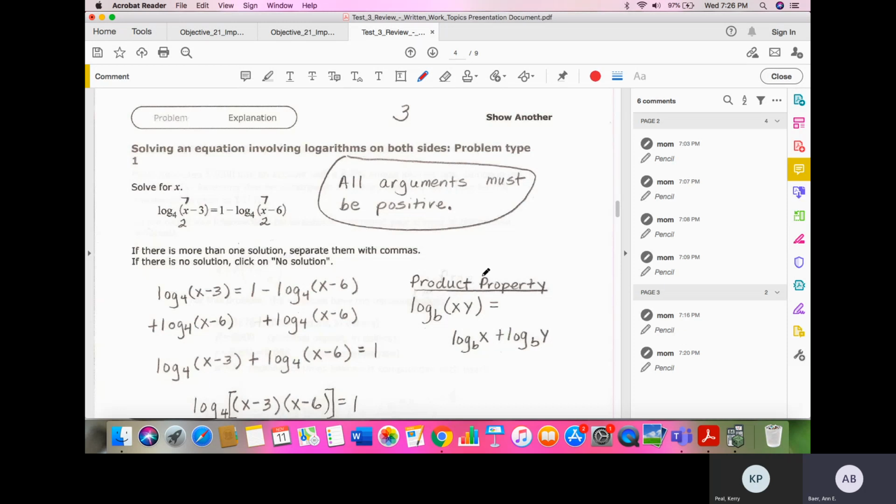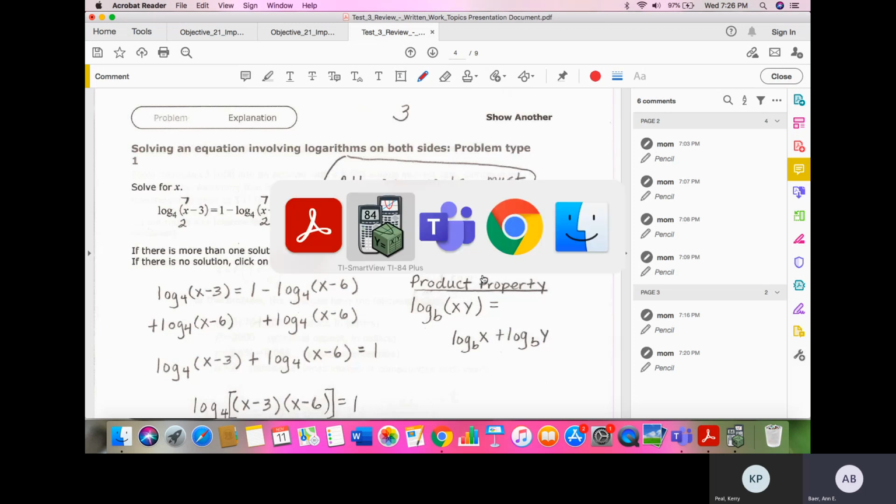It is impossible to take the log of a negative argument, and it's also impossible to take the log of 0. I can show that to you on the calculator.